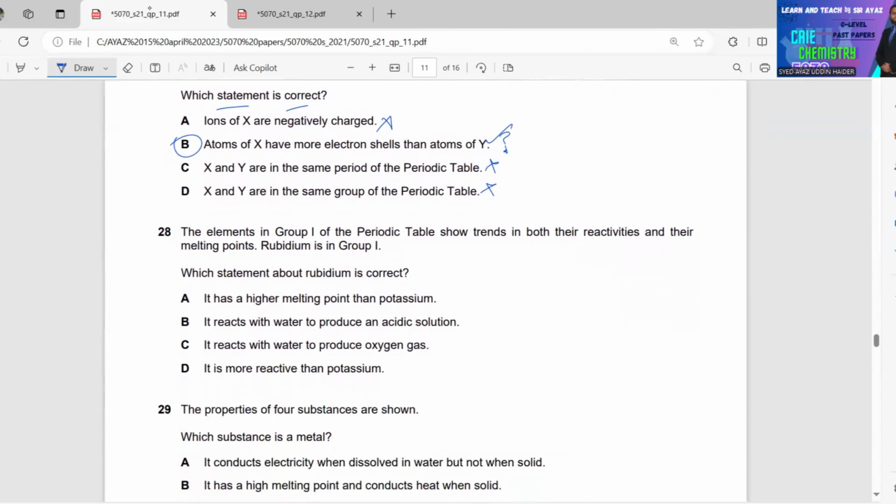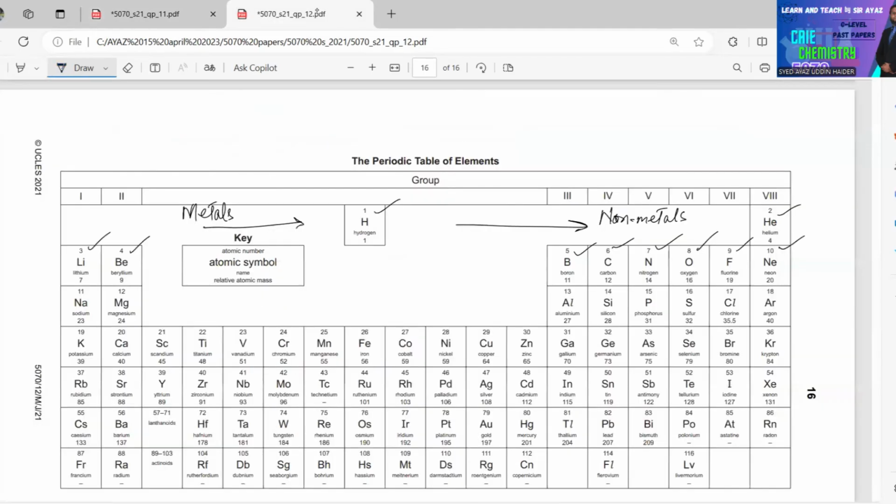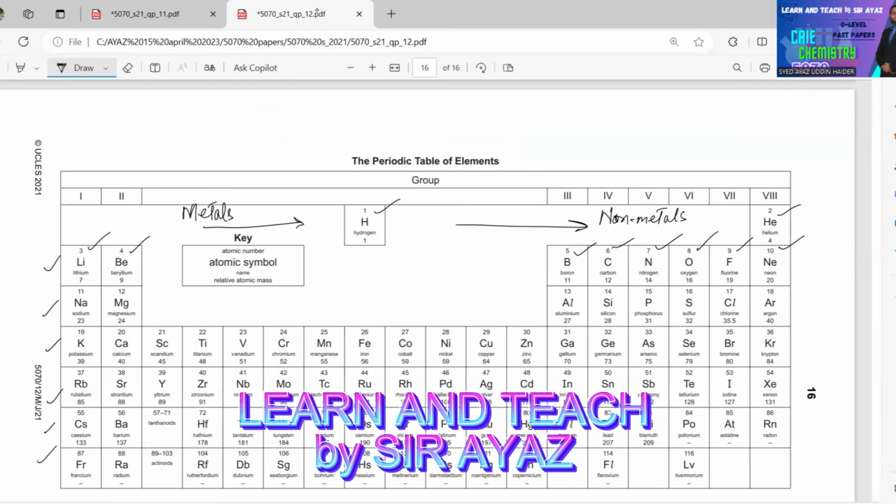28. The elements in group 1 of the periodic table show trends in both their reactivities and their melting points. Rubidium is in group 1. Which statement about rubidium is correct? What about the reactivity and melting point trend? Here's group 1. Lithium, sodium, potassium, rubidium, cesium, francium.